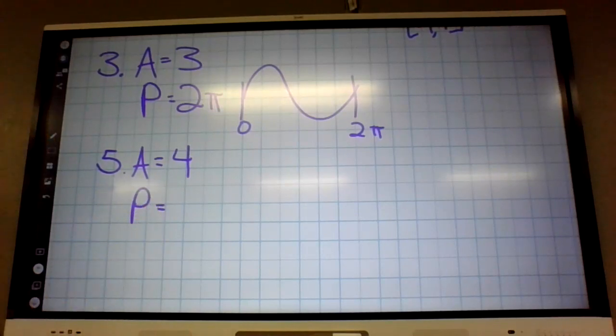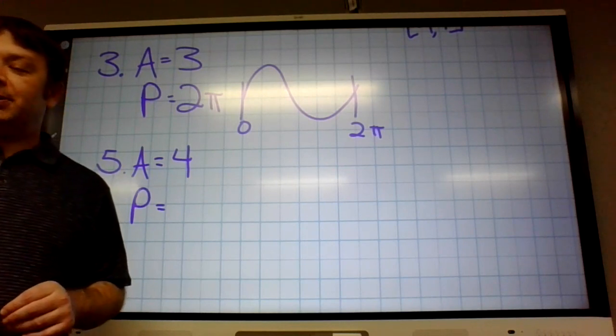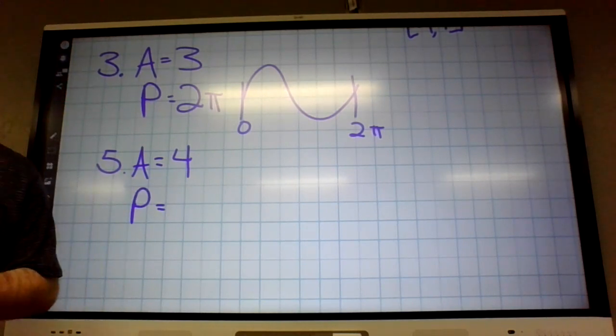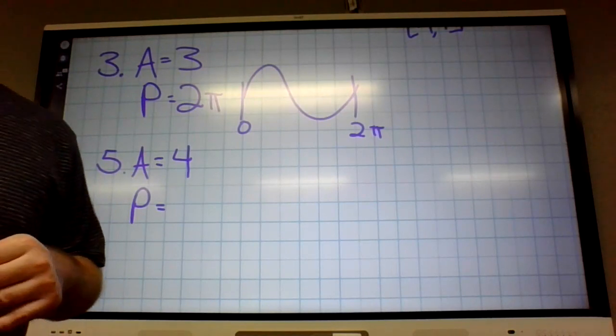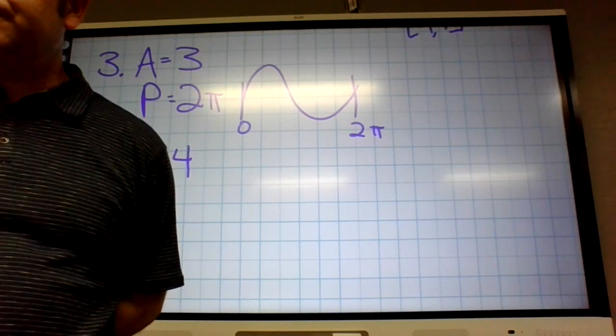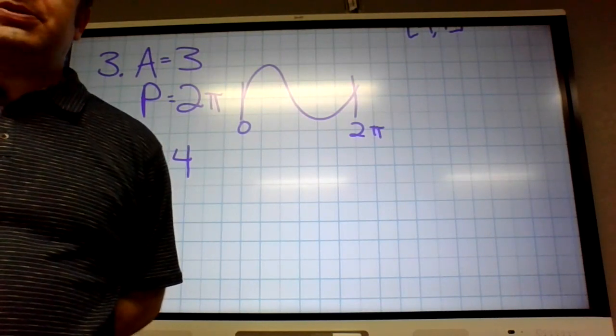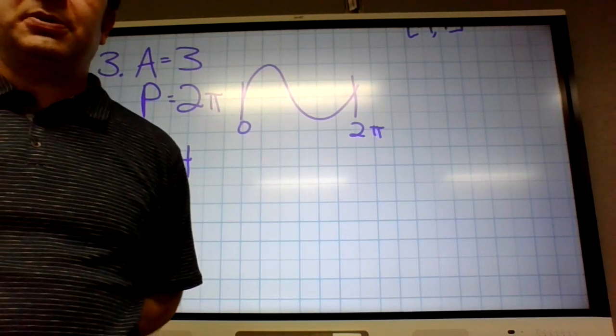This one's a little trickier because you can't quite see the edge of the graph. So how could we find the period? Where it starts doing what it was doing before, that's where it starts repeating.